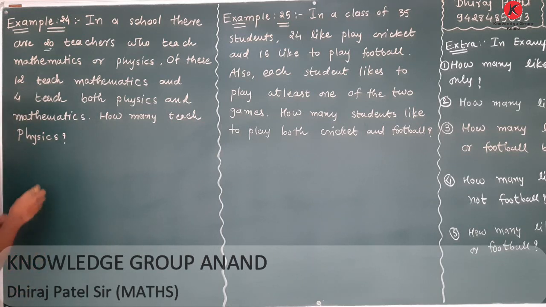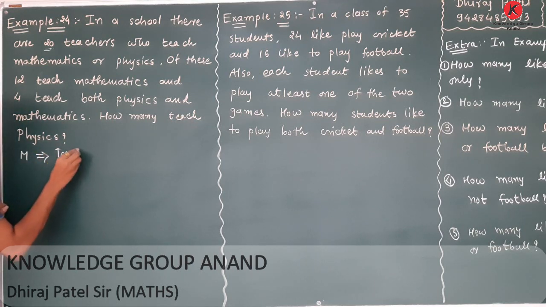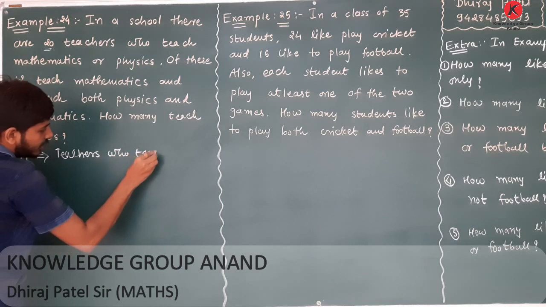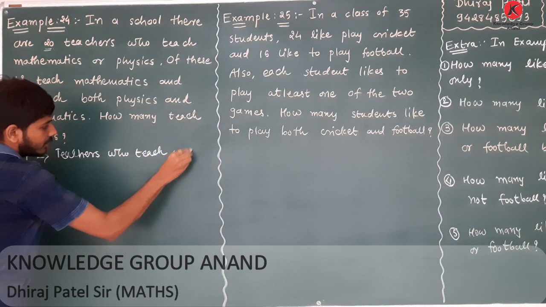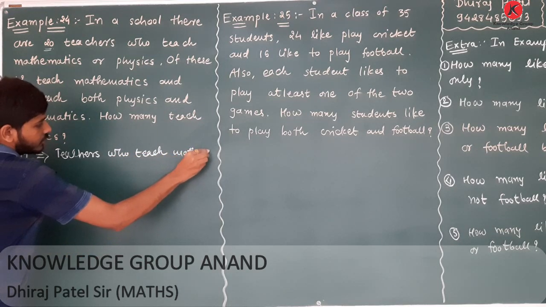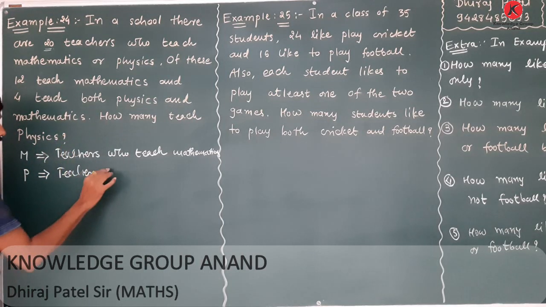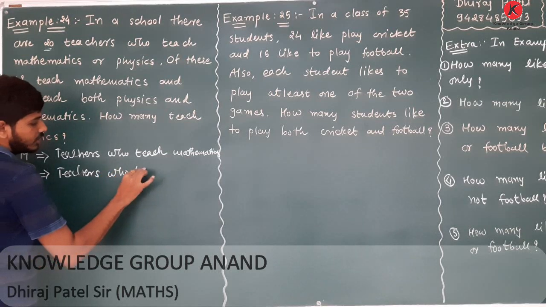Therefore, first of all, we have to assume the sets for mathematics as well as physics. I am assuming the set M for the teachers who teach mathematics and set P for the teachers who teach physics.